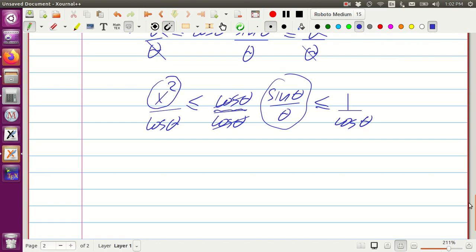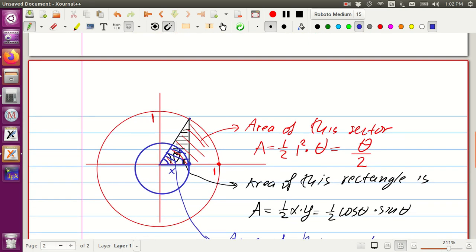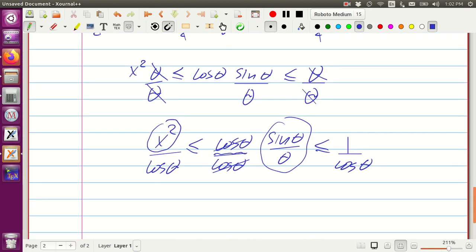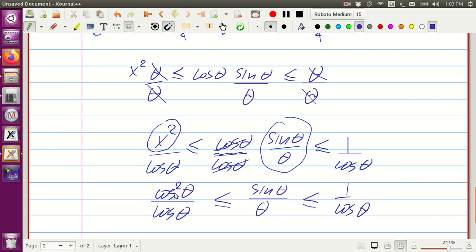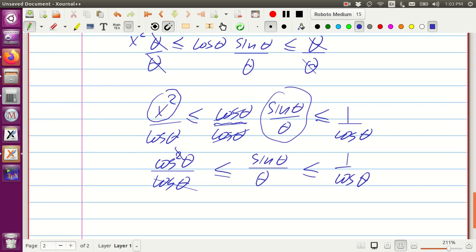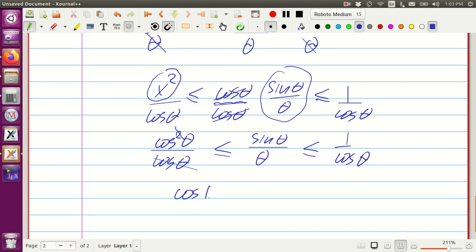Remember, on this point xy, x is also represented by cosine of theta. So that means I can substitute x by cosine of theta. So I'll have cosine squared of theta over cosine of theta on the left. In the middle, I have sine of theta over theta. And on the right side, I have 1 over cosine of theta. So one of these quantities goes away. My final inequality is this.